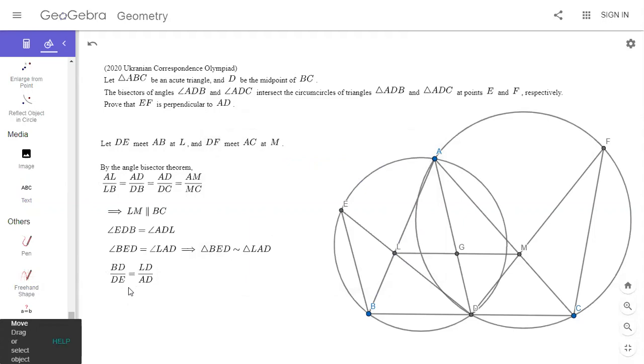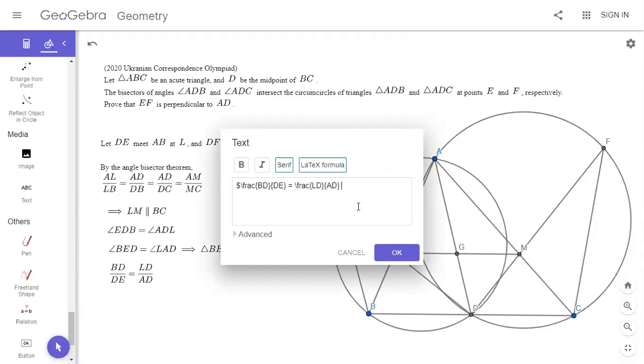And then that means BE times DL is equal to BD times AD.